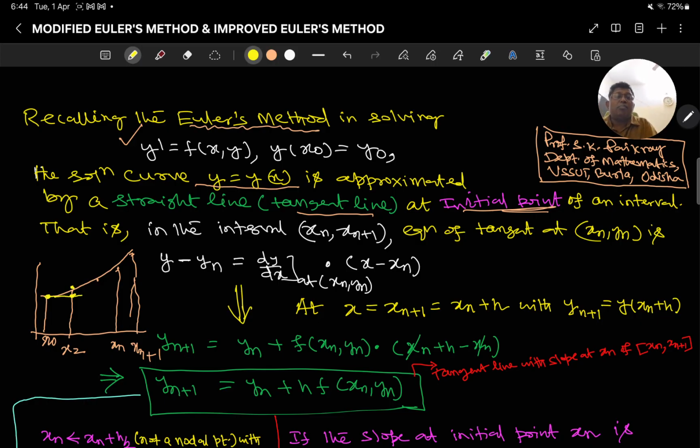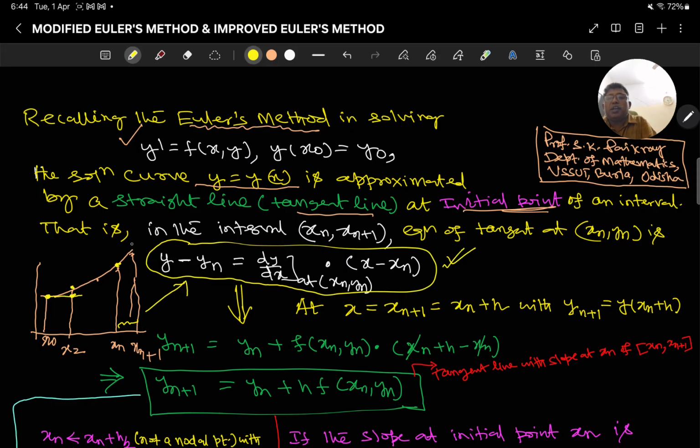For the derivation of the Euler's method, we have the equation of the tangent. If I consider this interval, the equation of the tangent at this point is given by this, with x minus xn. But we are approximating at this point. We need to find this yn plus 1.